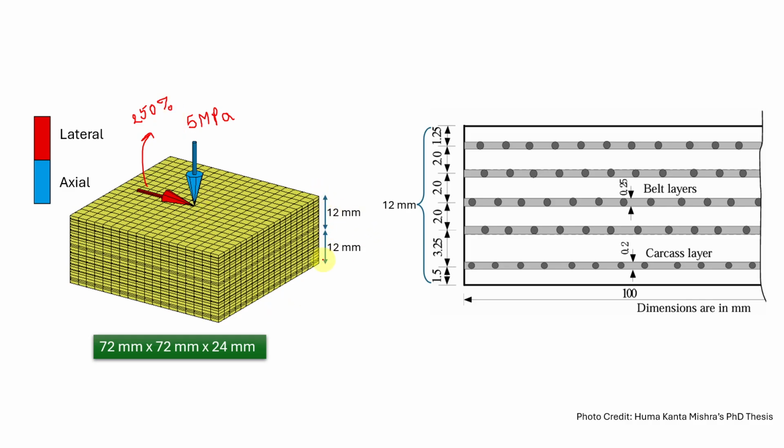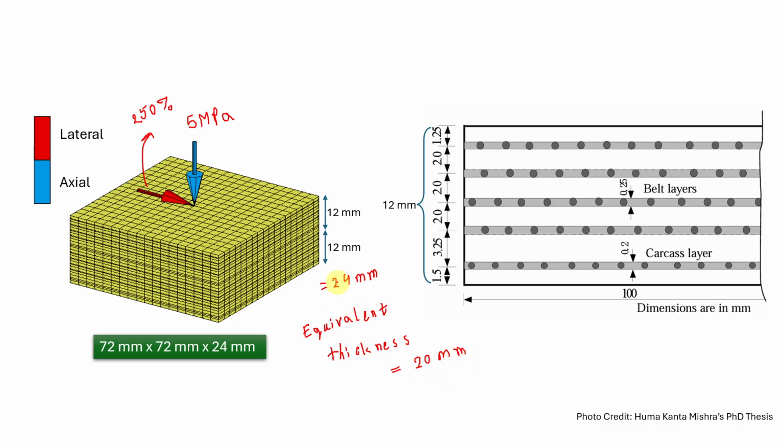If you see, the overall height of this rubber pad isolator is 24 millimeter, but if we eliminate the carcass layer and belt layers, the equivalent thickness will be 20 millimeter.